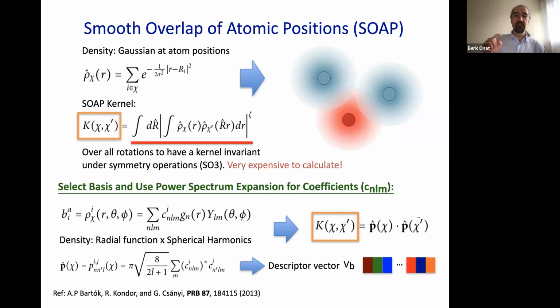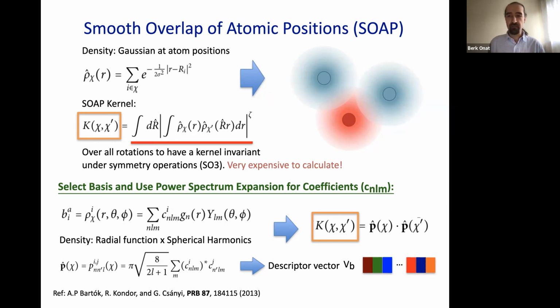You can see this c_nlm is the coefficient, g_n is the radial function with a polynomial, times the spherical harmonics. Then you can expand it in the power spectrum using these coefficients, c_nlm, and build your kernel.